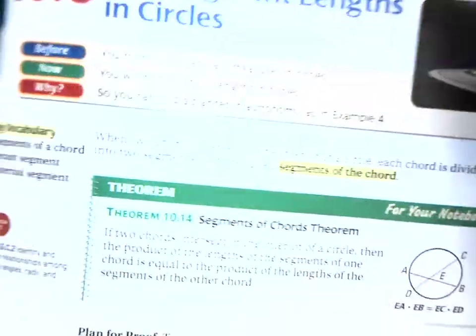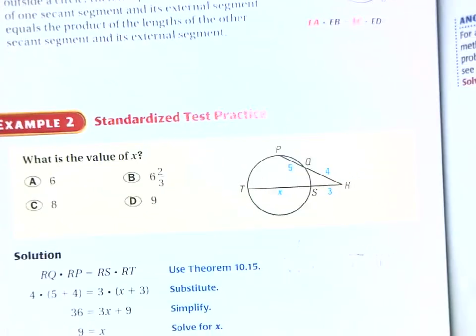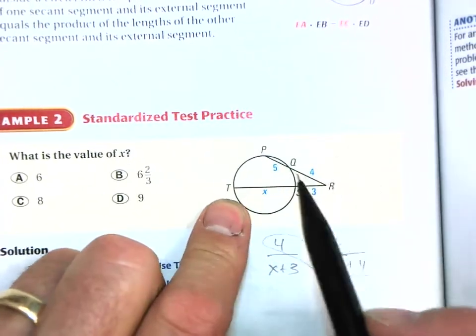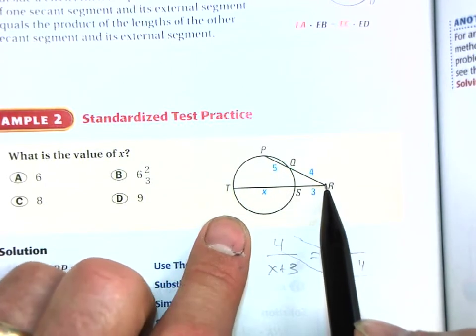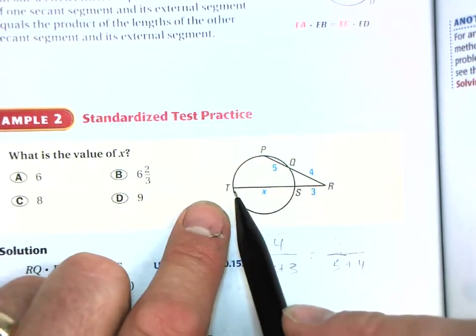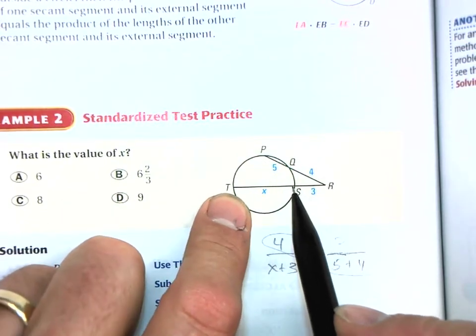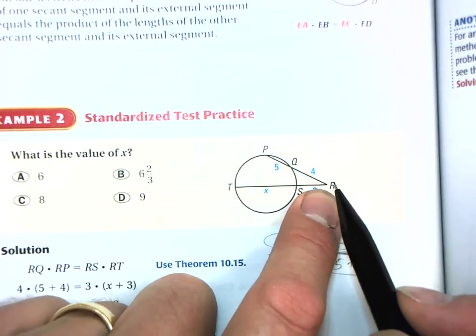And let's look at the other format that we have that we've talked about. So here, this is a secant that is coming outside of the circle, and it's intersecting the circle twice. Here is another secant that's intersecting the circle twice, and these two secants intersect.